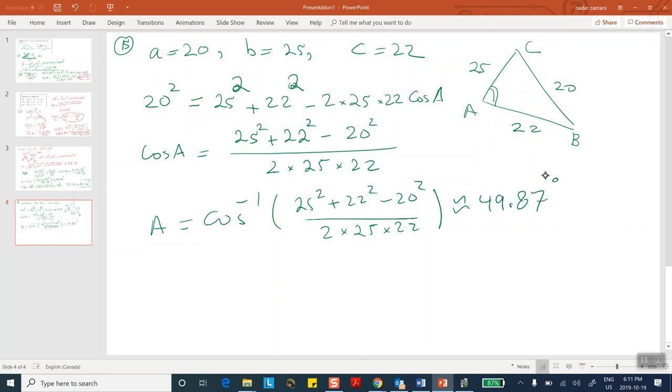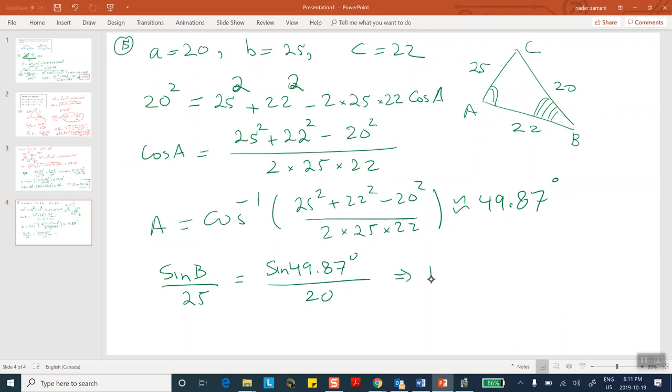Now to find, for example, B, it is easier if you use the law of sine. So we have sine of B over 25 equal to, since we just found the angle A, sine of 49.87 divided by the side A. Side A was 20.